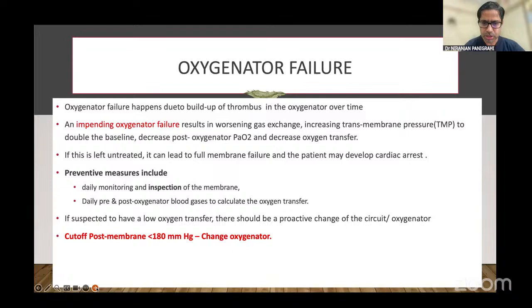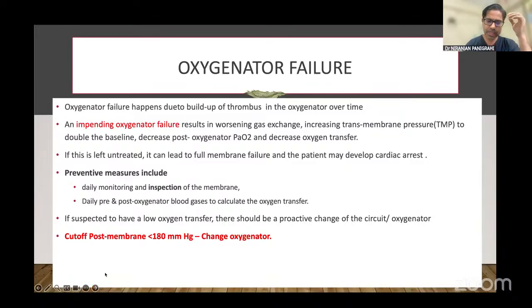So there are two numbers which we usually take into account to check the oxygenator efficiency or oxygenator function. One is the absolute PaO2 in the post membrane. ELSO says ideally it should be more than 250. That is an alarm. If it is less than 250, that's an alarm. And if it is below 180, that is the cutoff to change the oxygenator.